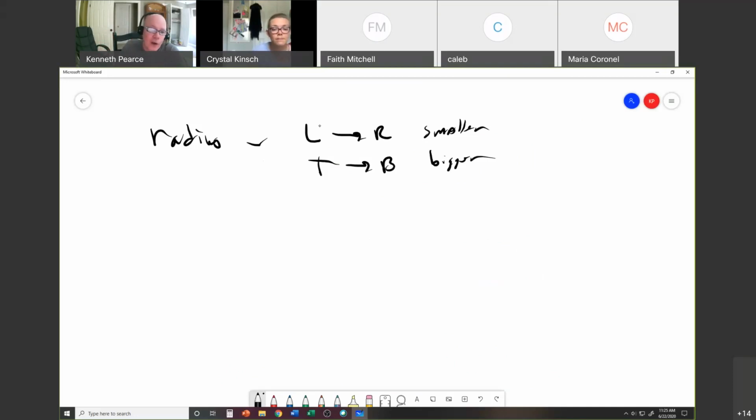Now, for ions, left to right, top to bottom, it's the same. You get smaller as you go left to right, and we get bigger as we go top to bottom.